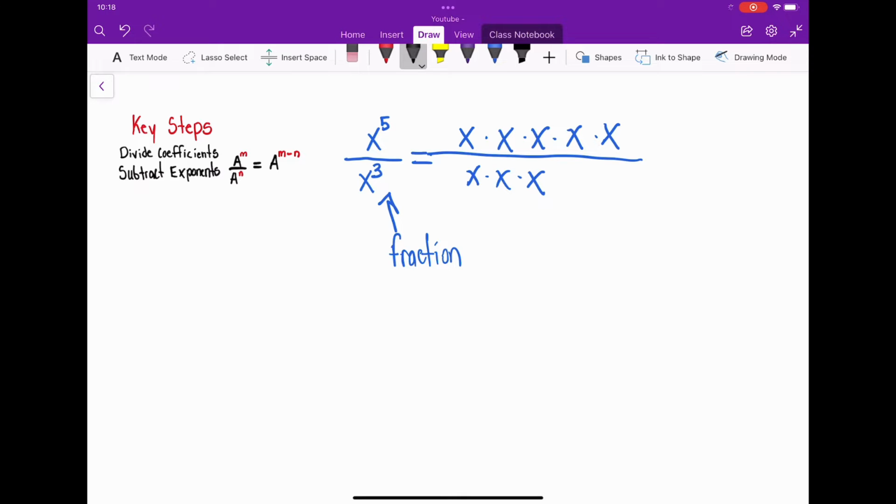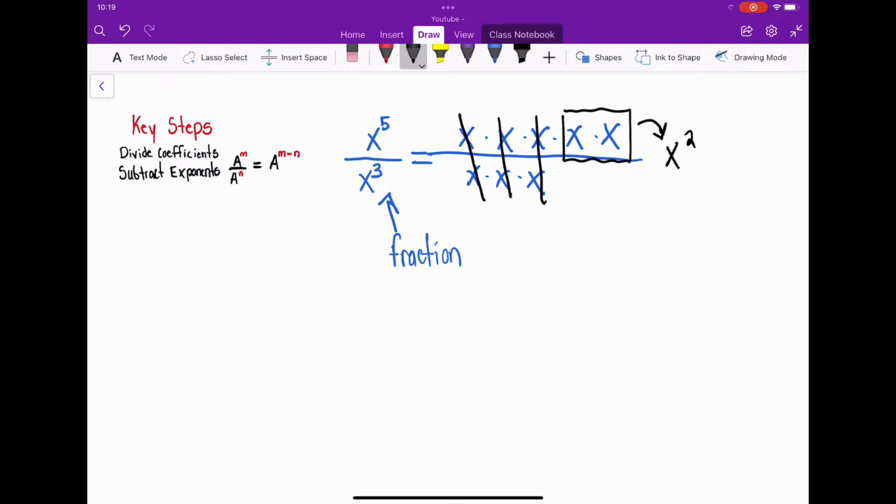And basically, what's happening right here, after we expand it out, we can go back and start canceling out some of our x's, right? Because x divided by x is just 1. So we can start canceling those x's out. And if we pay close attention, we're left with x times x on top, which is the same thing as x squared, right?